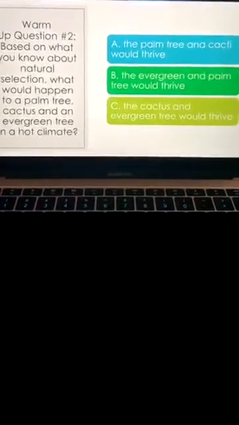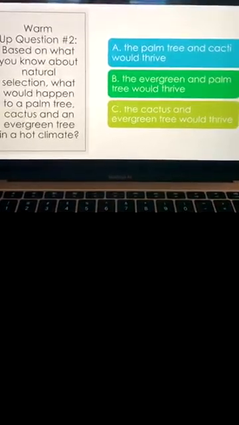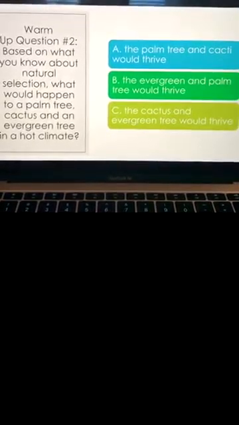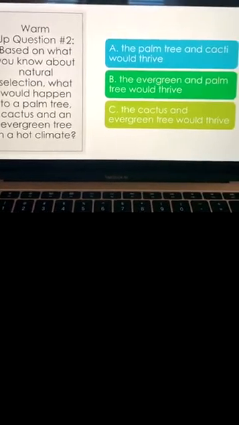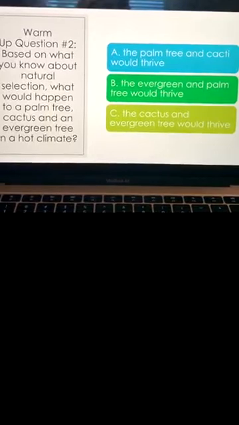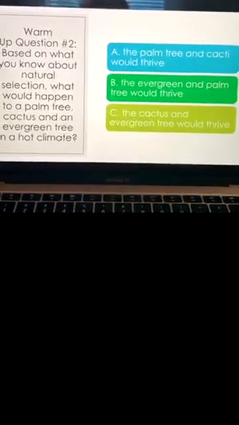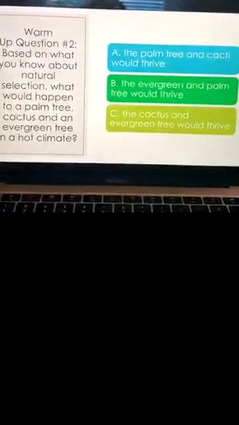So what does a hot climate have to do with the palm tree and the cacti? That the hot climate is where the cacti can thrive with the palm trees. Okay, so let's break that down because thrive means to do well.